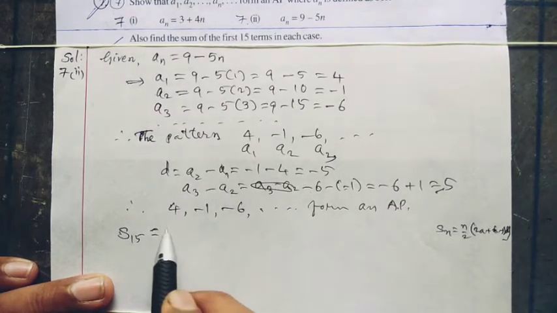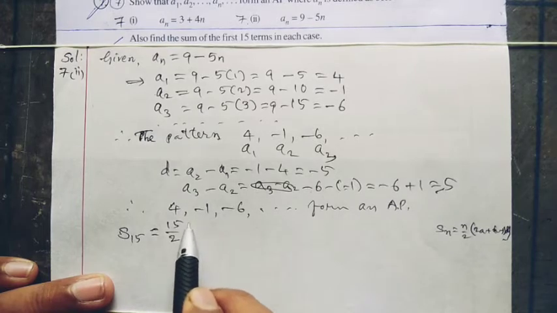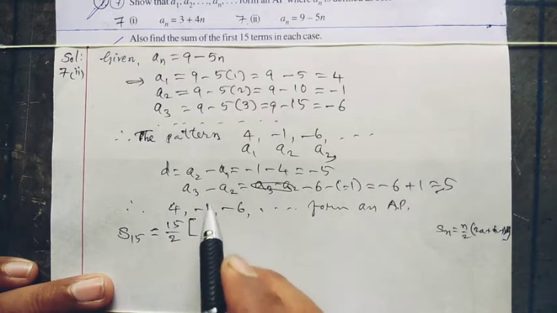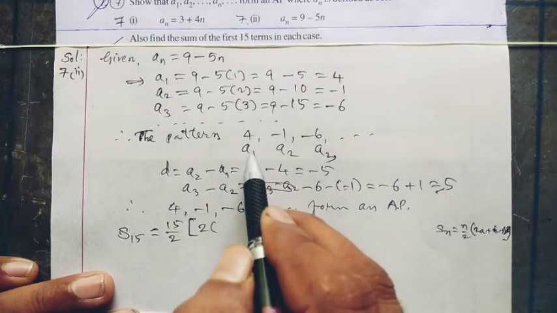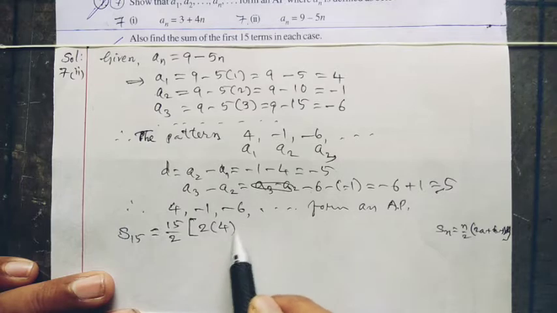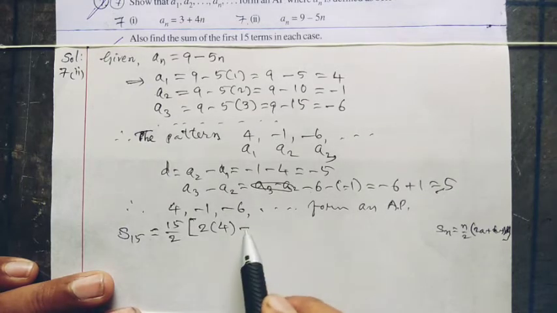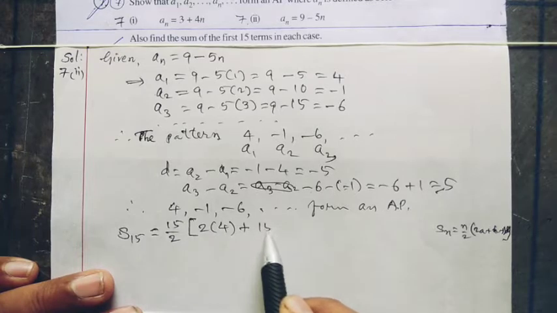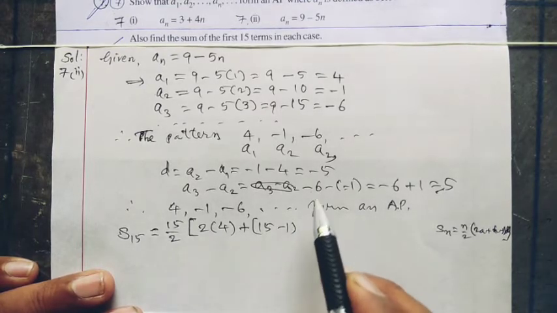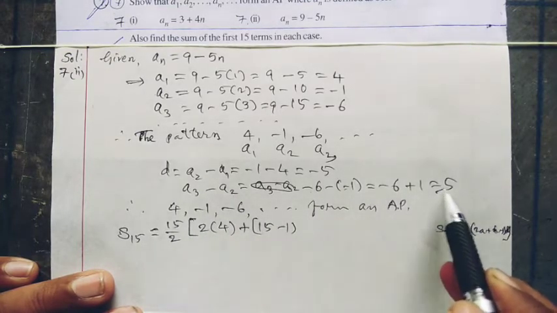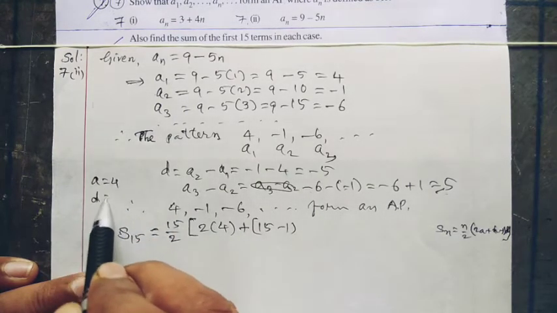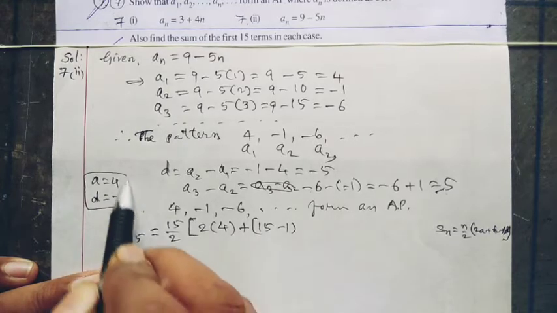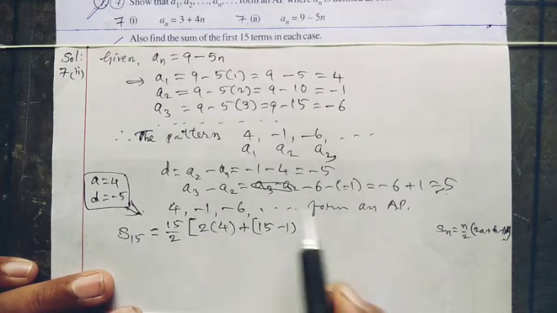This is the formula. 15/2 [2 × a, where a = 4, + (15 - 1) × d]. d is -5. A is 4, d is -5. These are the values we have to substitute in this.